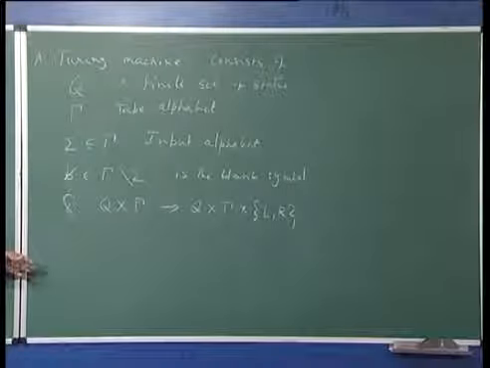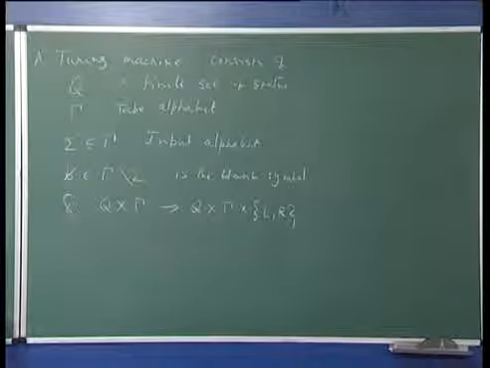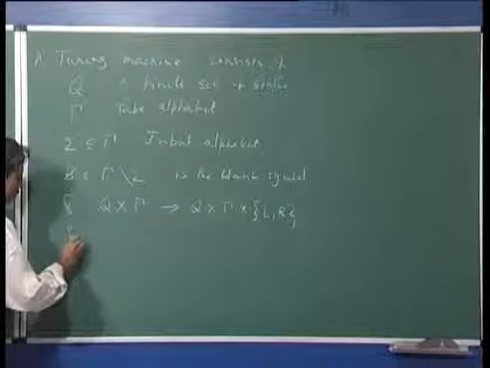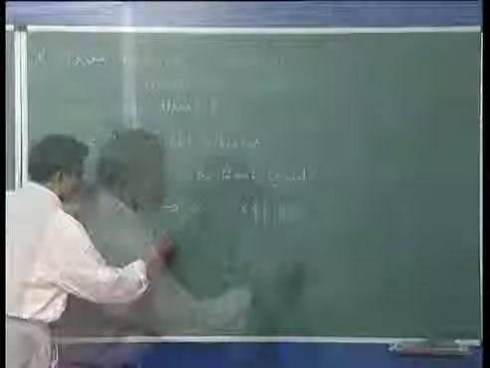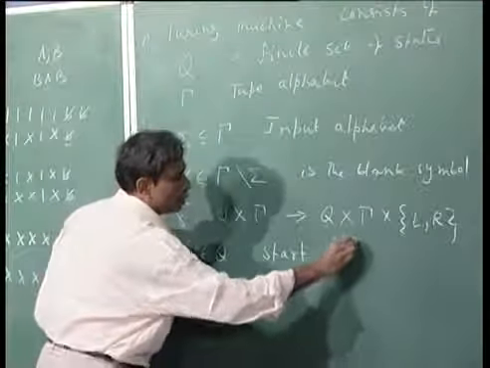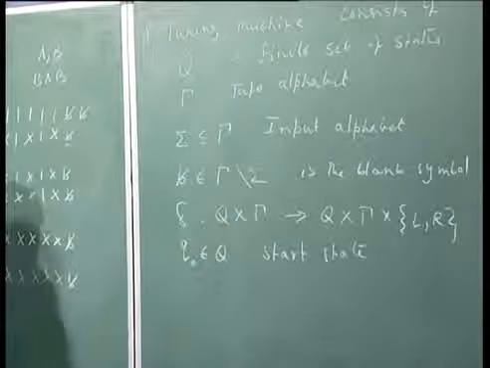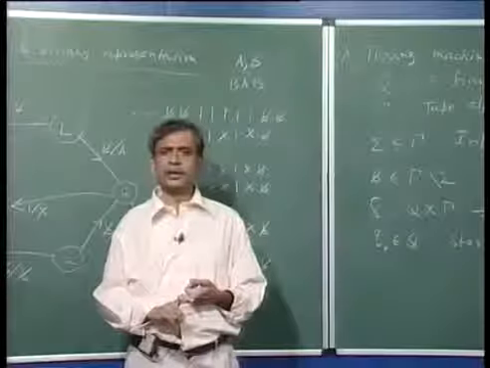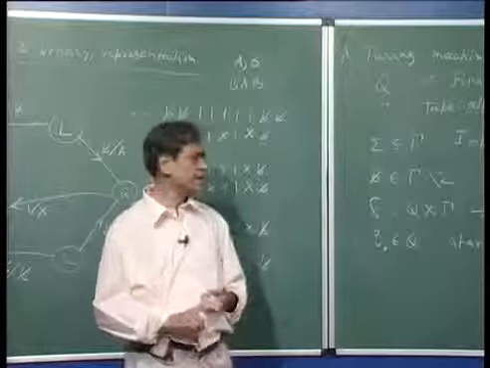Then you have of course a special state which is the start state. So, Q0, which is an element of Q, is the start state of the Turing machine. And in the context of language recognition, we should have some final accepting states.